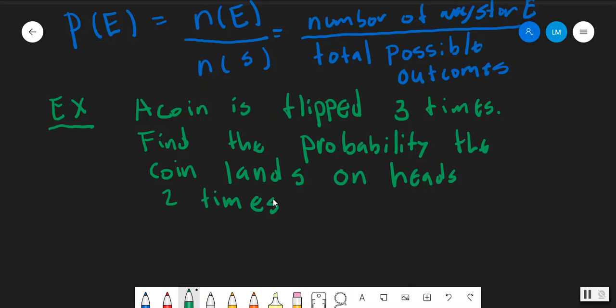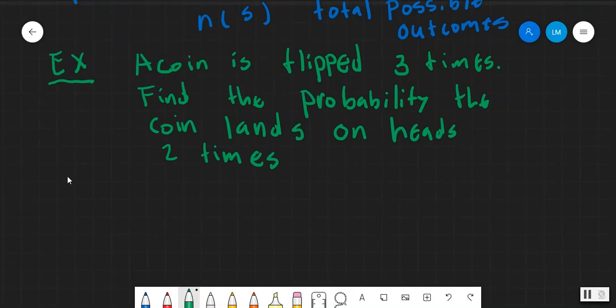Okay, so we just want to figure out when it lands on heads 2 times.